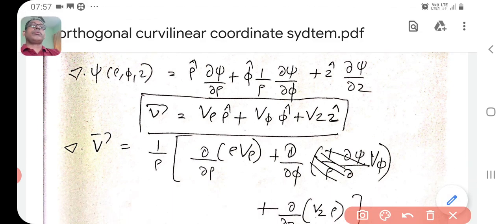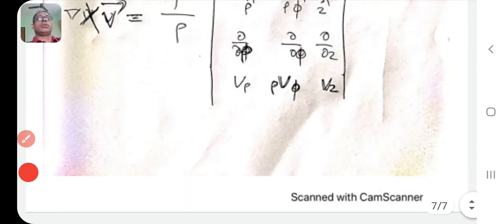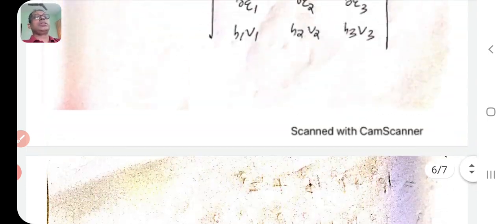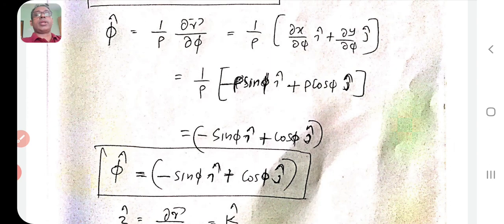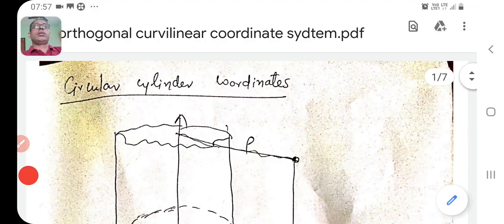Vector V we know can be written in cylindrical coordinate system as V rho rho, V phi phi, V z z. So this is how we treat the circular cylindrical coordinate system, an example for the orthogonal curvilinear coordinate system.